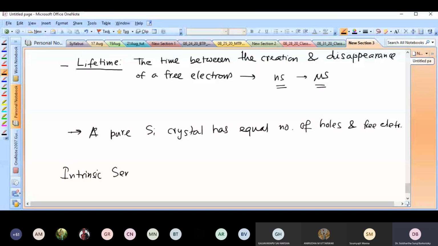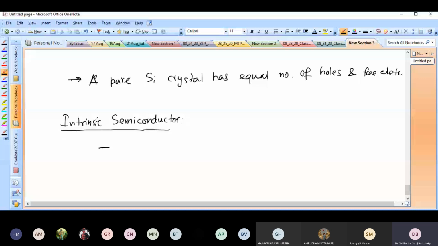An intrinsic semiconductor is basically a pure semiconductor, with no other impurity present. So you get a piece of silicon, you refine it so well that there's nothing else present, then it will be an intrinsic semiconductor.